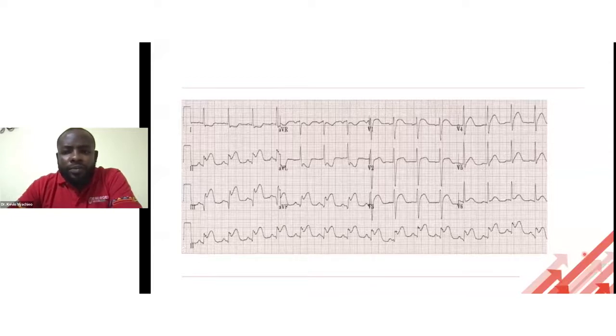When you connect him to the monitor, to telemetry, you take his vital signs. He has a blood pressure of 87/50 and a heart rate of around 40. So there is hypotension, there is bradycardia, and then your ECG looks like this. What do you guys think?